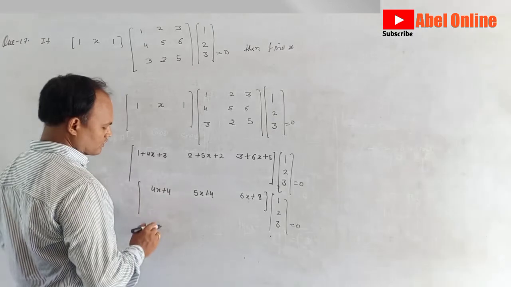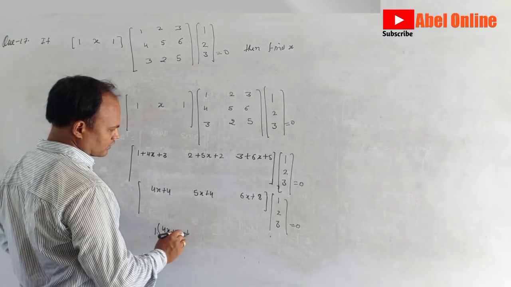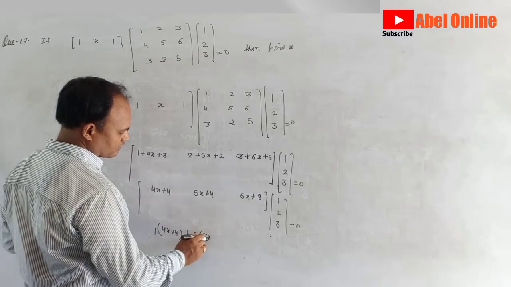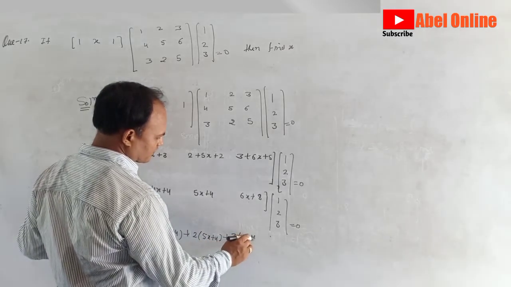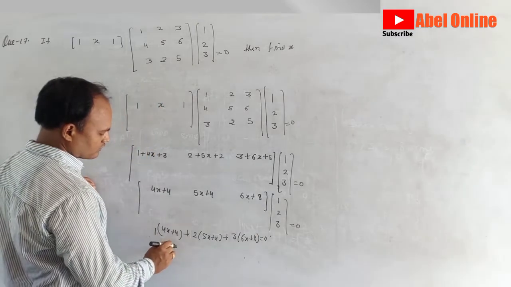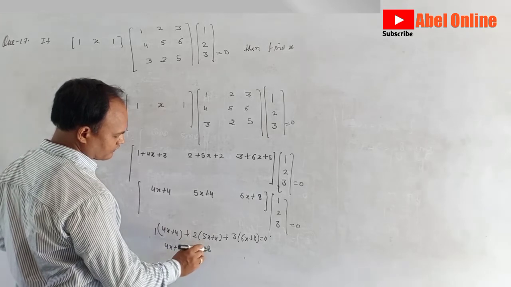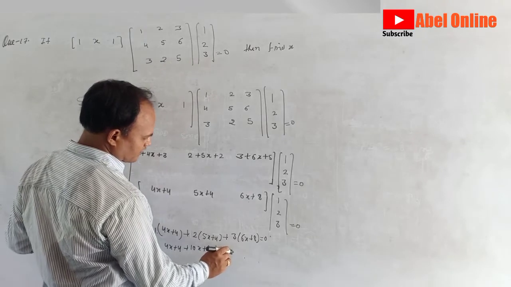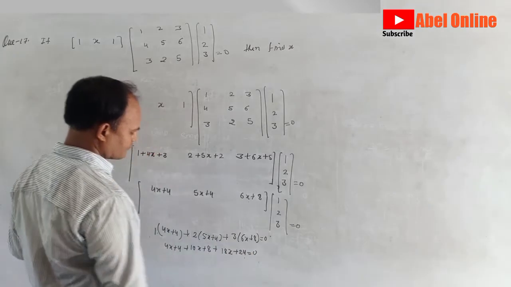So 4x plus 4 multiplied by 1, plus 2 multiplied by 5x plus 4, and 3 multiplied by 6x plus 8 equals 0. So it is 4x plus 4, 10x plus 8, 18x plus 24 equals 0.